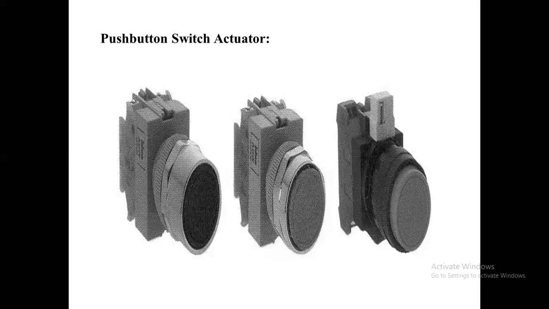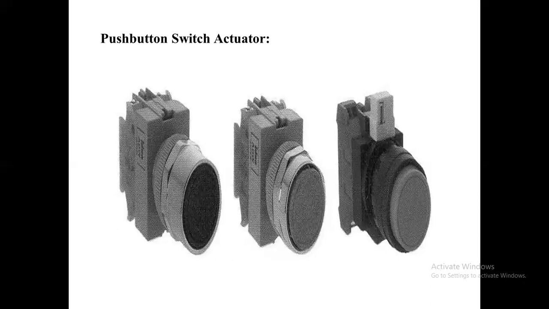The symbol on the right side is a single push button with both normally open and normally closed contacts. There is no internal electrical connection between the different contact pairs of the same switch.